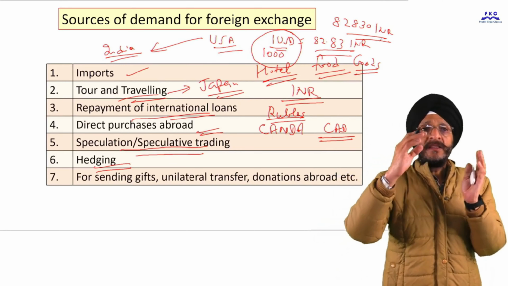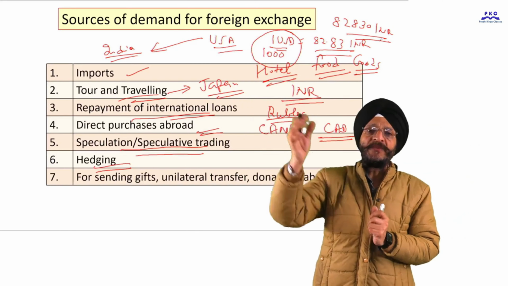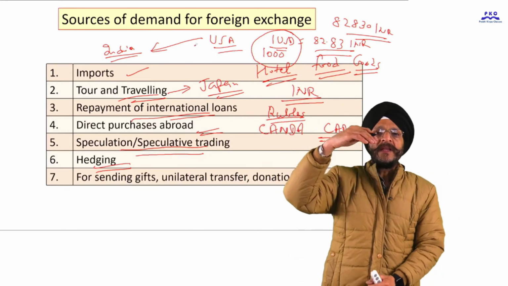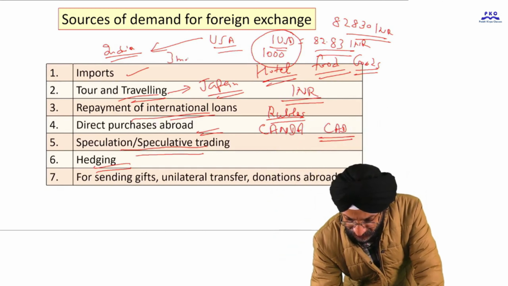But the transaction is to take place sometime in future. Say the import is to take place at a certain date in future, say after 3 months. There is a 3 months time lag between importing.